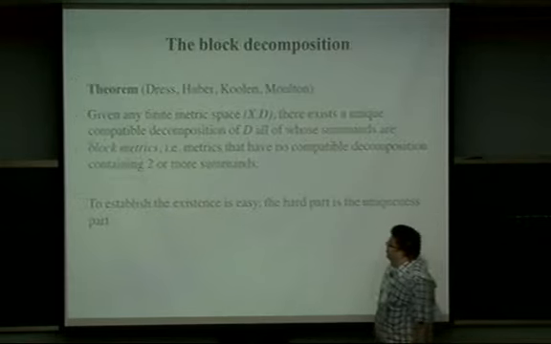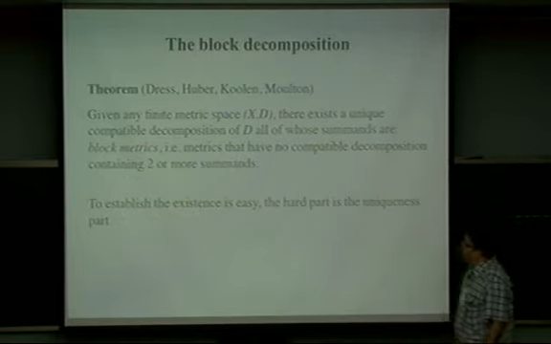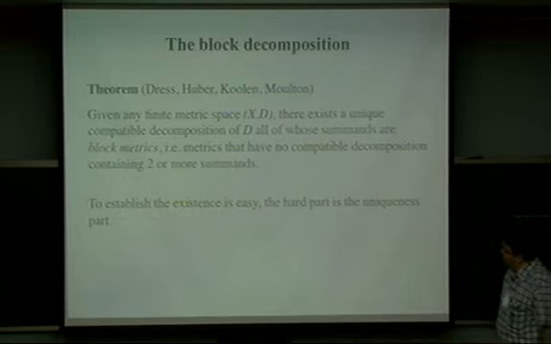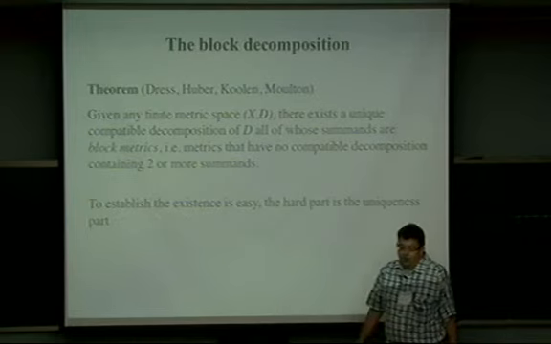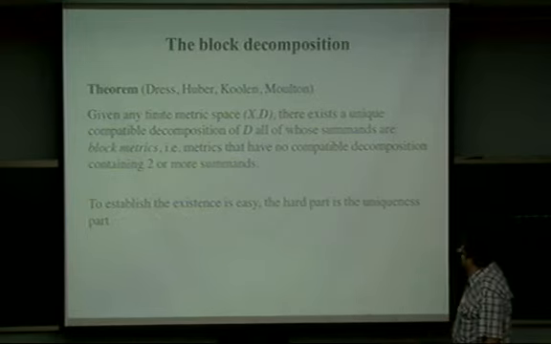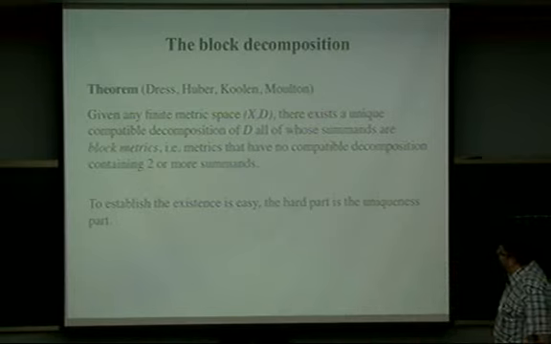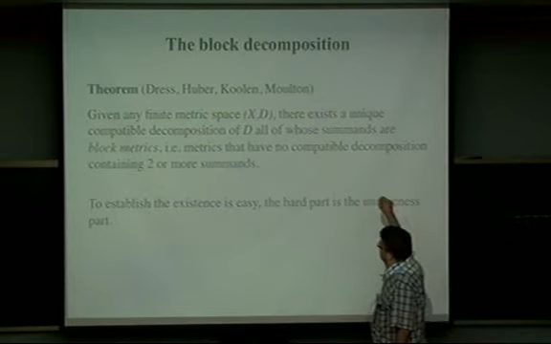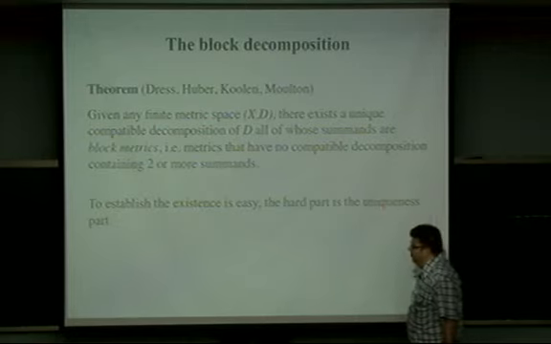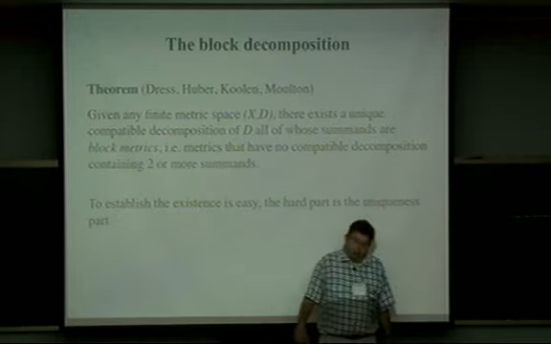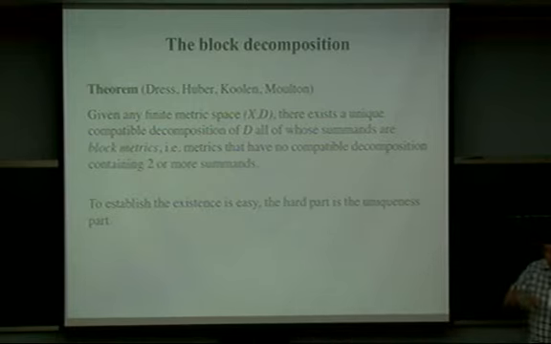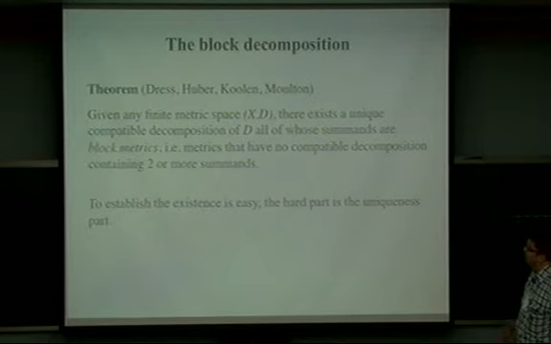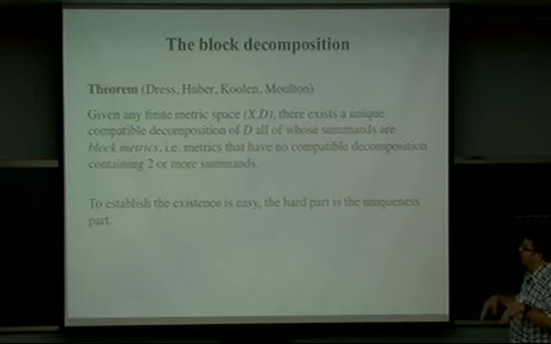Okay, so what we showed with Andreas Dress, Katharina Huber, and Vincent Moulton is that there always exists this compatible decomposition of a metric, and there's one finest compatible partition. That is what it says. The existence is not so difficult; you can do it fairly easily.